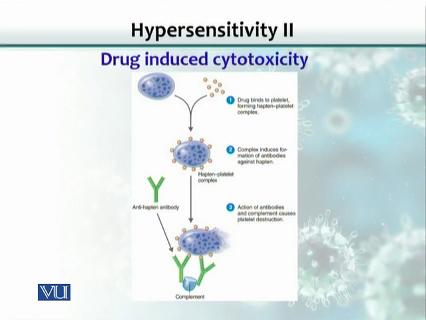These chemicals can attach to any cell, like RBCs, platelets, lymphocytes, or any other cells. Once these antigens attach to the cell, the body recognizes them as foreign, and would start making antibodies against them.